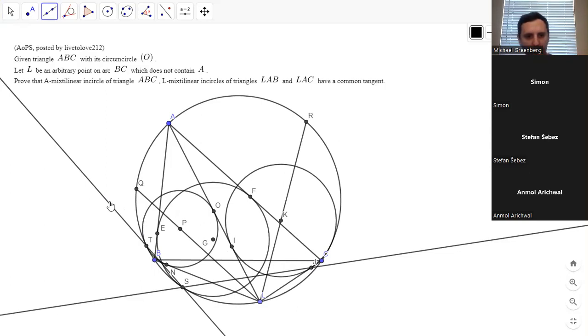Basically the common tangent is going to be the line connecting the x-similicenter of these two and the x-similicenter of these two. And those lie on this line and this line.